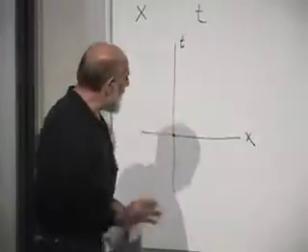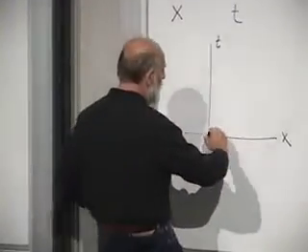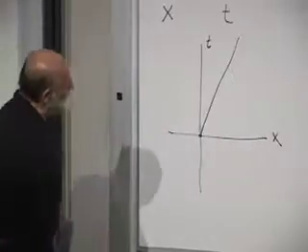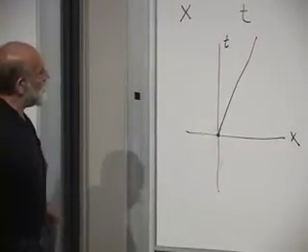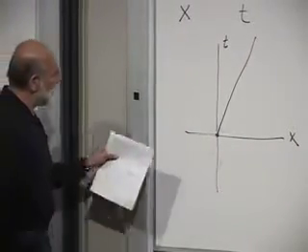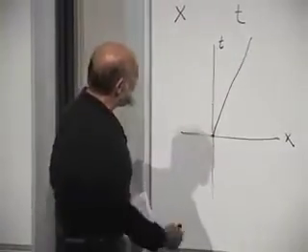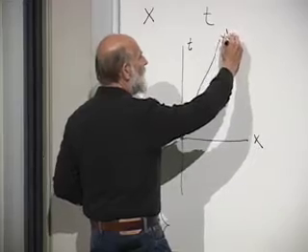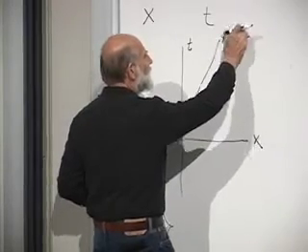But then as I move down the x-axis, my coordinate center moves to the right. That's supposed to be a straight line. It's as good as I can do under the circumstances. It's moving with velocity v, which means x equals vt.